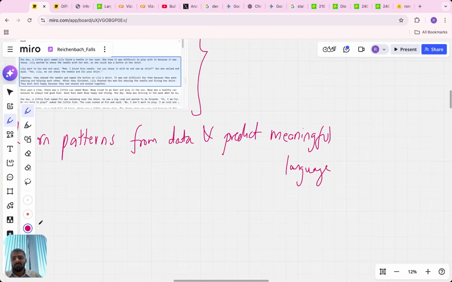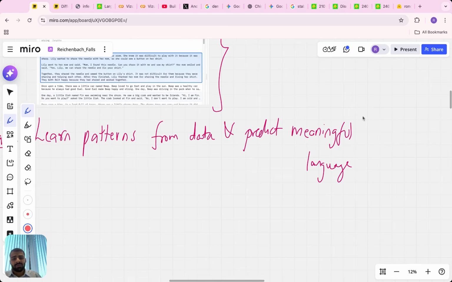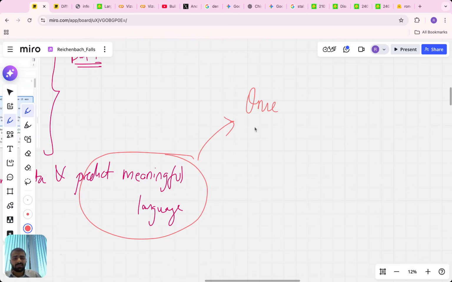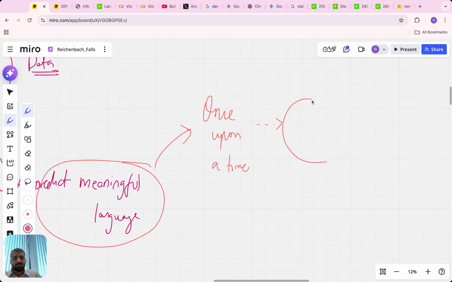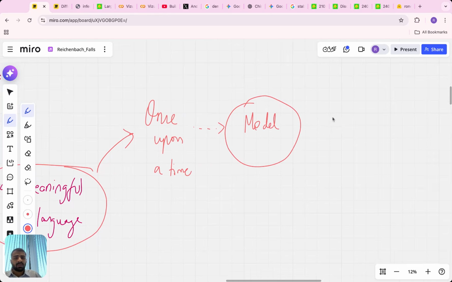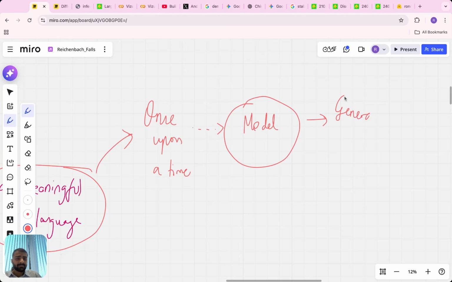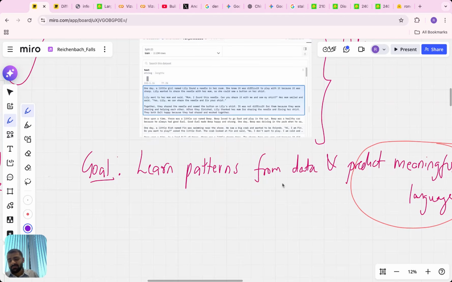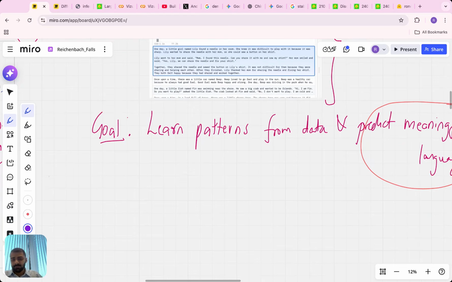What does this mean, predict meaningful language? It means that if I train a model which has learned patterns from this data, and I give the model some sequence of words like "once upon a time," the model will generate a coherent story based on what it has learned. And remember, it's called generative AI because the beauty of it is that this story will not be present in the data set. The model is learning patterns from the data and generating new stories on its own. That's what I want to do.